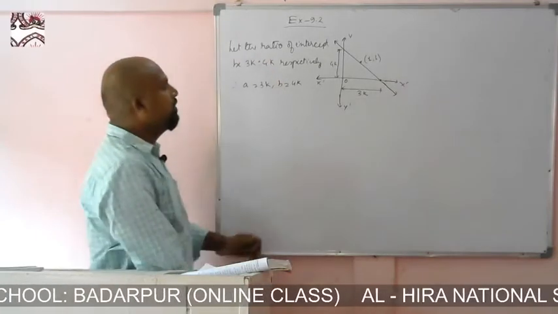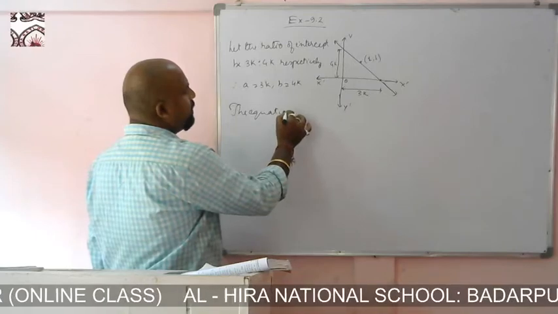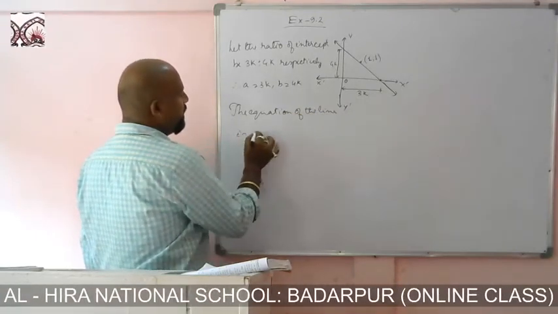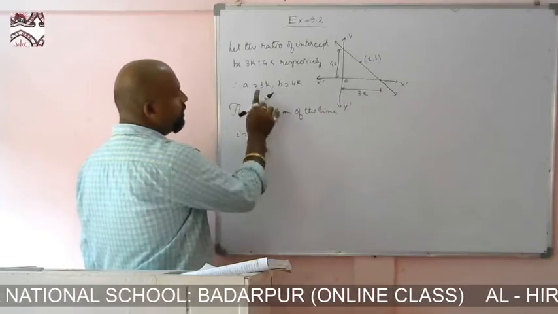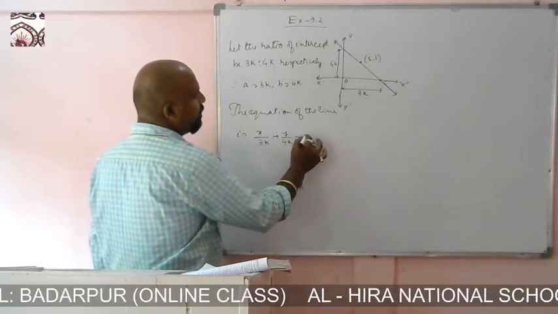Now the equation of the line is x by a, what is the value of the a intercept, 3k, plus y by b, 4k, equal to 1.